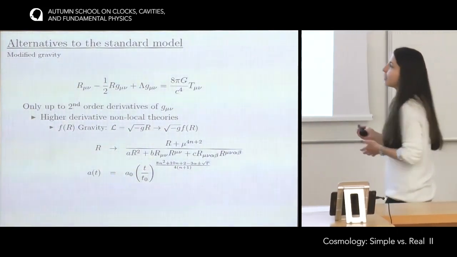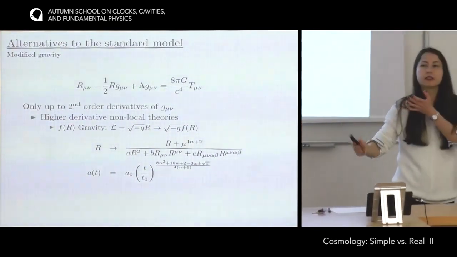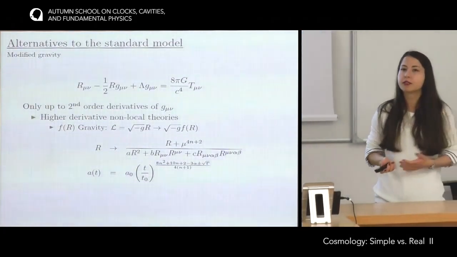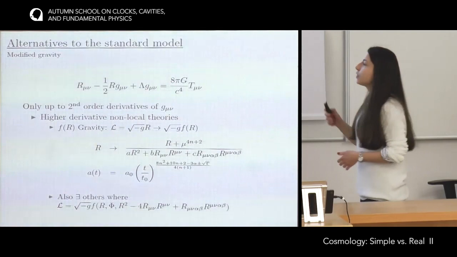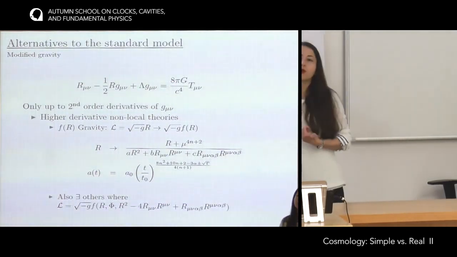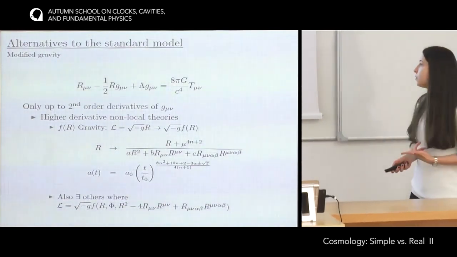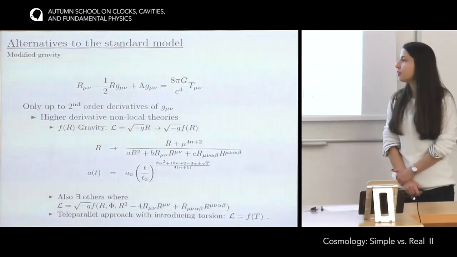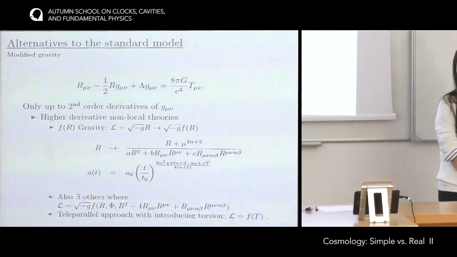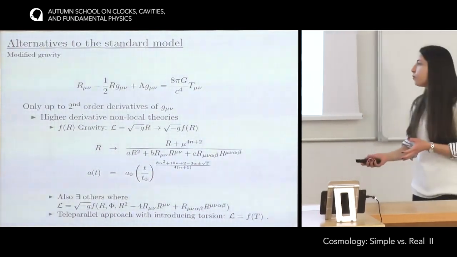But then again, there's no physical mechanism behind this. I would say it's much of a mathematical trick. And there are others, like you can add additional terms of squares of the Ricci or other curvature invariants.